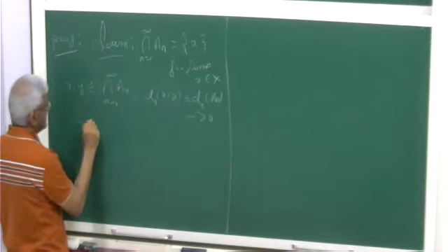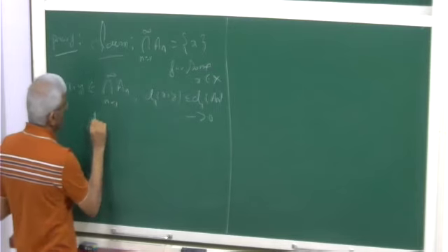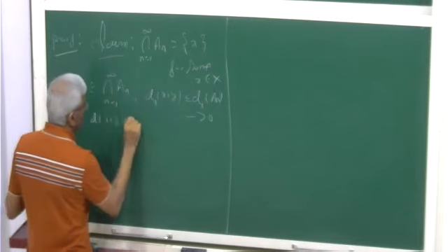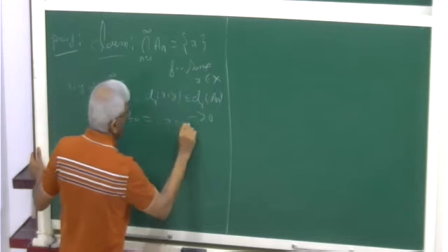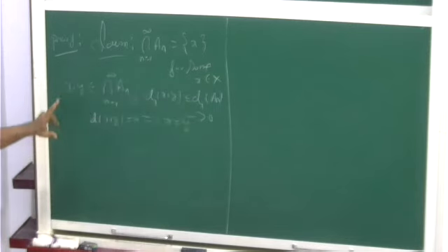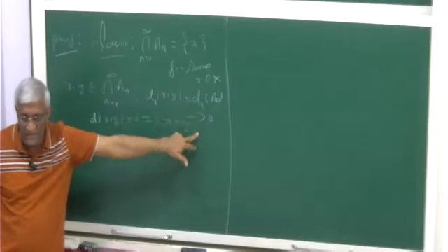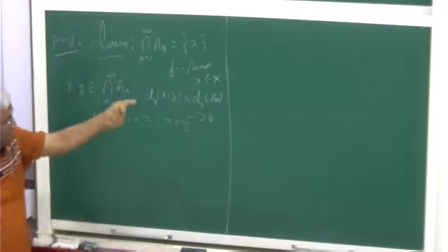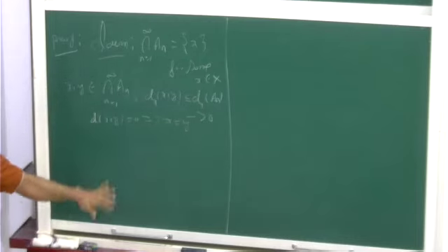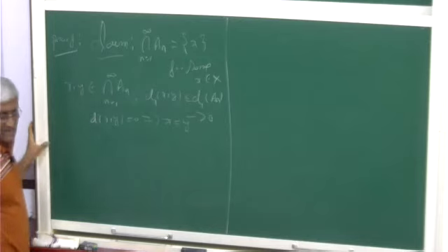This implies d(x,y) equals 0, so x equals y. So there cannot be two elements in the intersection. It's non-empty, so it has to contain something, and it cannot have more than one element. There is only one element, which is that x.